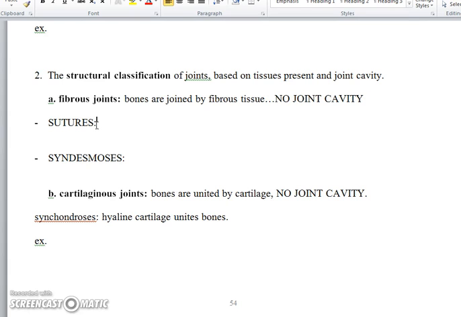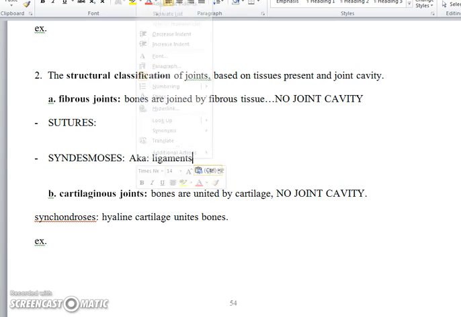All right, what I'm about to say here is not 100% true, but it's pretty dang close. Syndesmoses are pretty much ligaments. There are also things called aponeuroses, but anyway, it's pretty much a ligament: a chunk of dense connective tissue hooking one bone up to another bone.